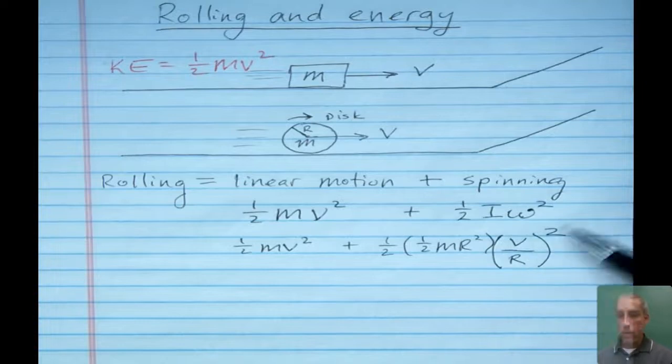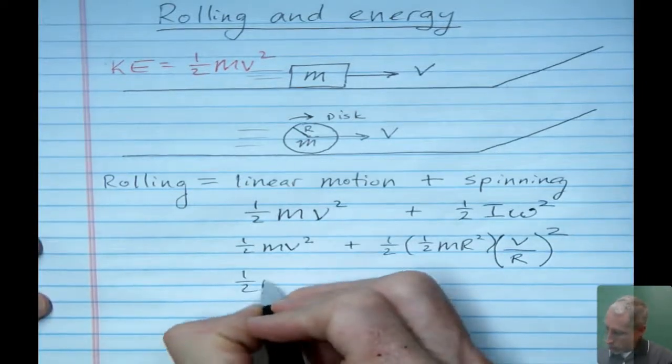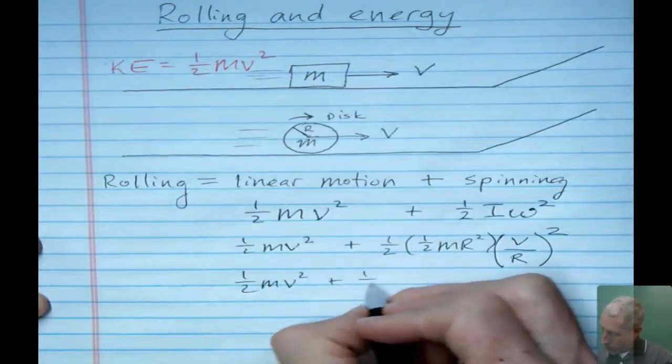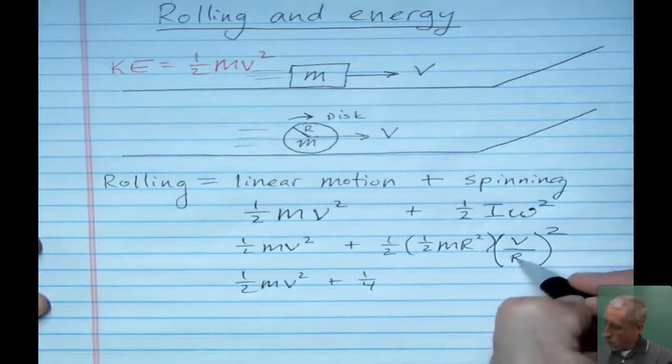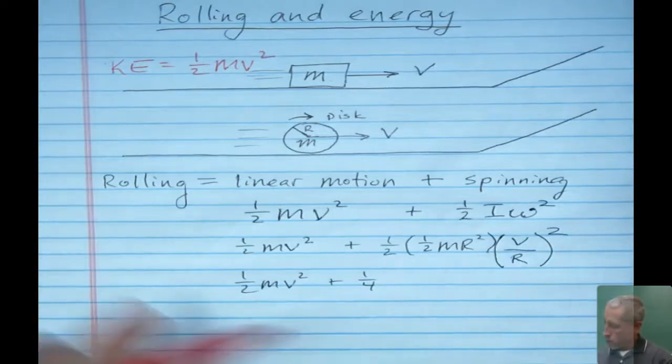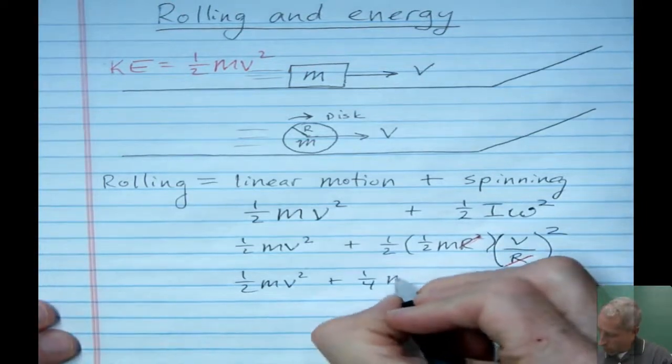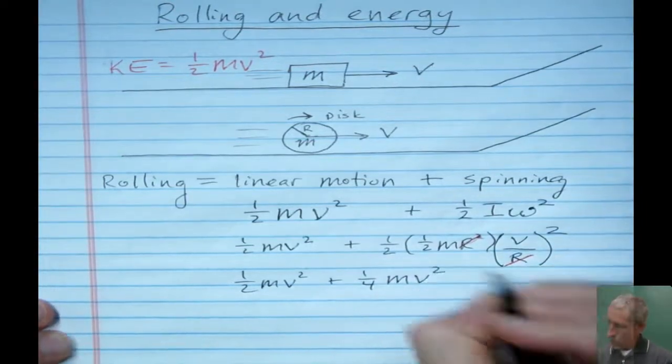So instead of omega squared, I'll put v over r squared. And now look how nicely this all simplifies. We have a 1/4, and then the r squared here in the bottom and the r squared here on the top, those both go away, and we have just a 1/4 mv squared.